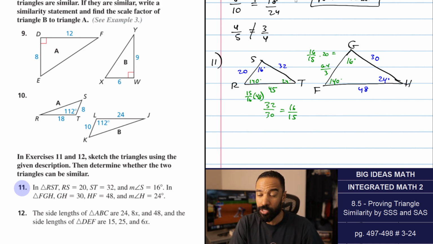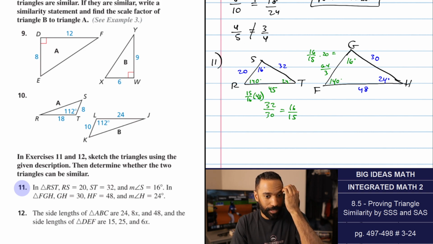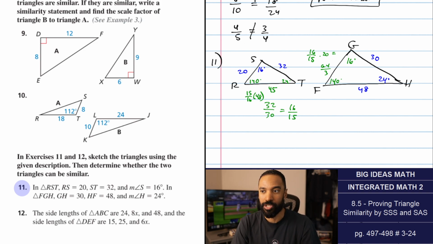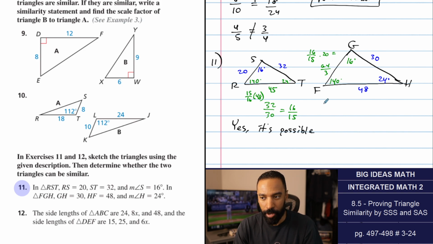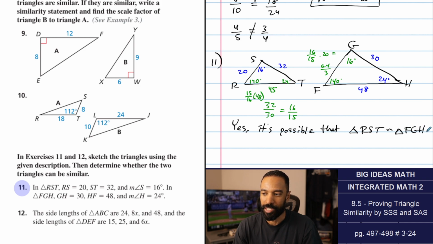And these would be the angles. It's possible that they can be similar. There's nothing that interferes with it. Yes, it's possible. And it would be in this specific way, I suppose. I can't think if there is another way that it can work, but triangle RST is similar to triangle FGH. Again, there's nothing that says it's not possible.